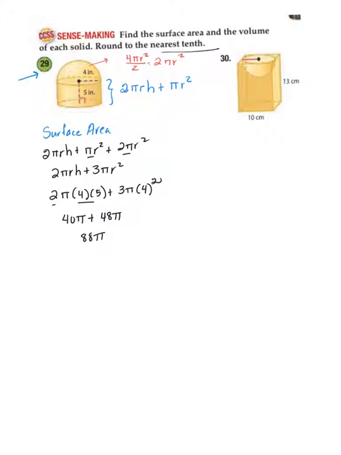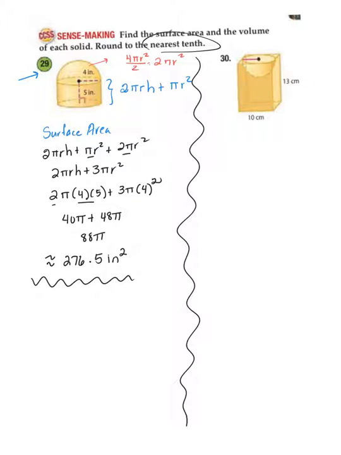And since it says nearest tenth, we know we need to put this in the calculator and see what it rounds off to. So I'm going to have 88 times pi, and I'm going to get approximately 276.5. And since I'm doing area here, this is going to be square inches. So there's my surface area.